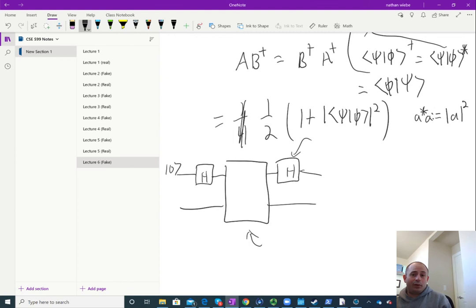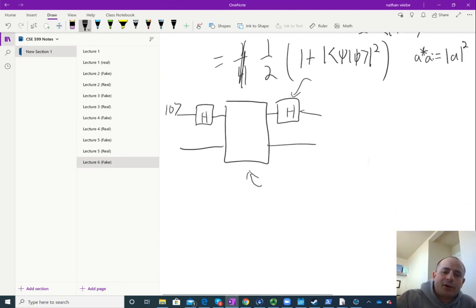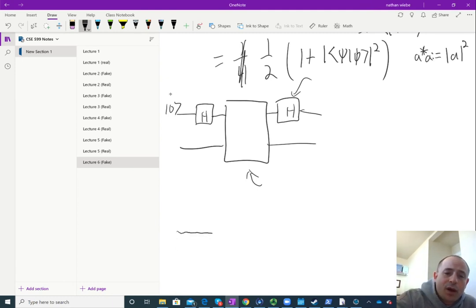What's happening with this? Well, what we're doing over here, when we apply a Hadamard transform to this, we can envision this bit as keeping track of which path computationally we're going through.